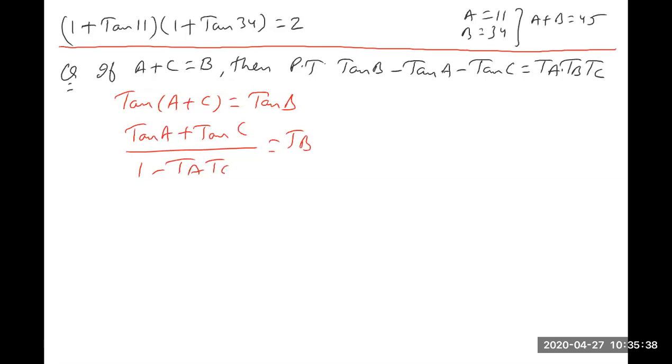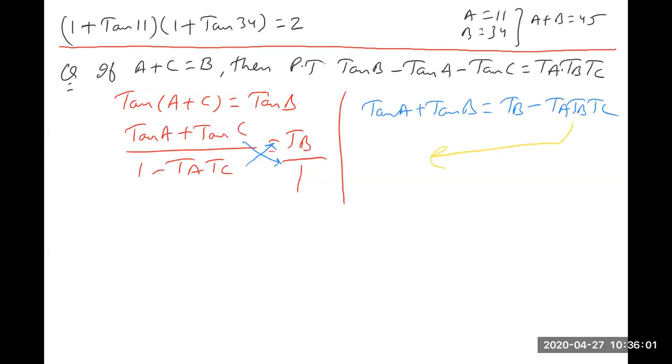Now cross multiply this term here, this term here. So you will get tan A plus tan C is equal to tan B minus tan A tan B tan C. Just transfer the terms, this term this side and these two terms this side.